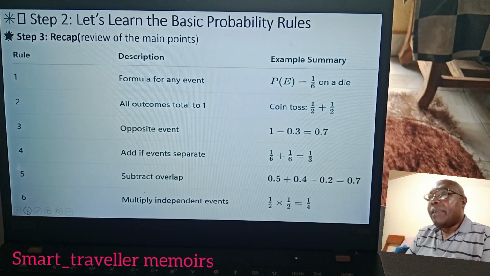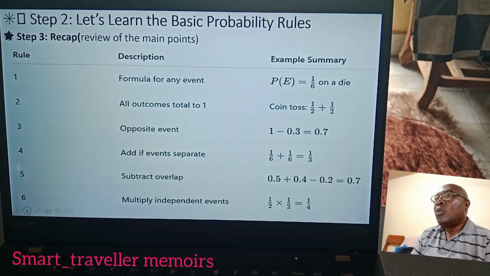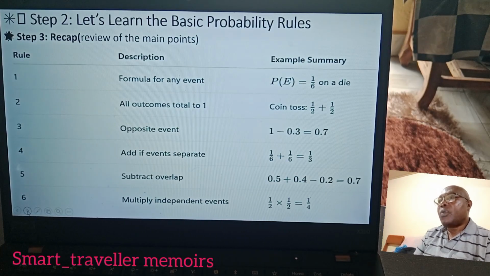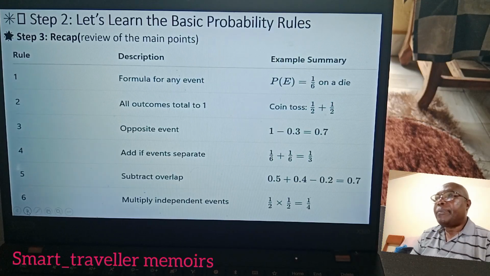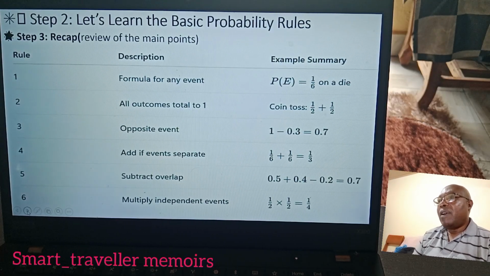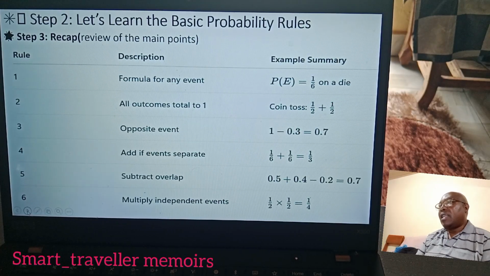It is now time to review the main points, what we call a recap. So we have the rule, we have the description, and we have the example summary. So rule 1 is the formula for any event, and it is given by P(E). If it is for the sake of a die, P(E) is equal to 1/6.